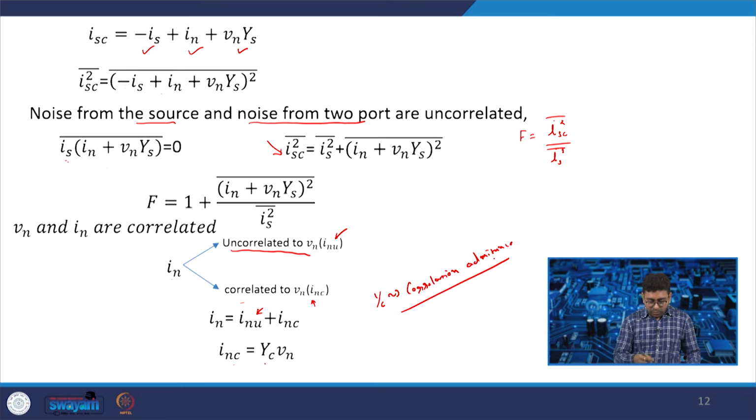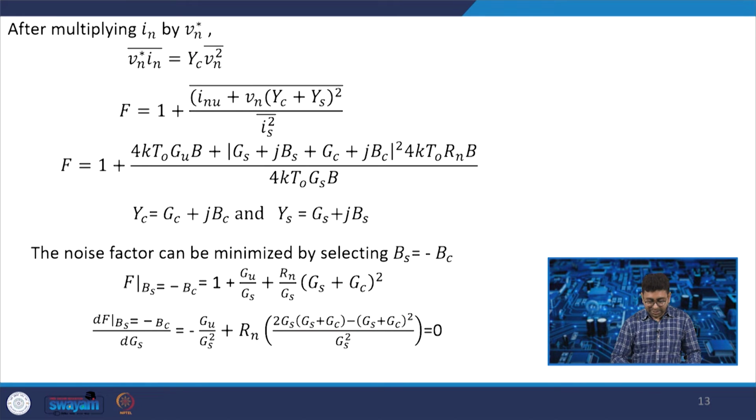Now we will put the same Inu and Inc in the previous equation, and when you multiply In by Vn conjugate, Vn square into Yc, which is equal to Yc Vn whole square. So then you can replace F, which is equal to 1 plus Inu plus Vn into Yc plus Ys, whole square.